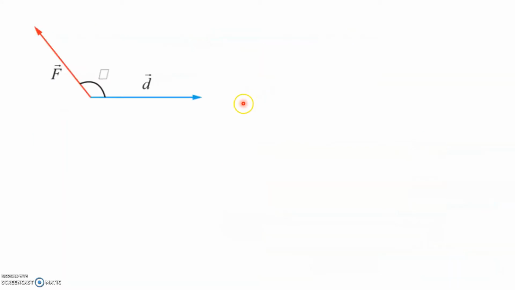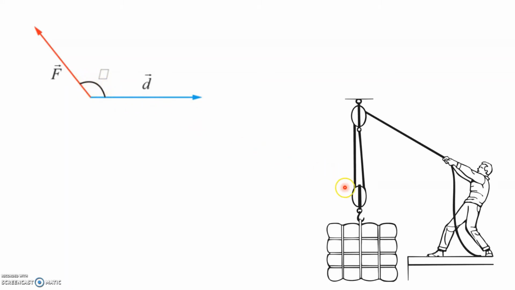Now let's look at the third case. In this case, the force is in this direction and the displacement is in this direction, so it makes an obtuse angle. Let's look at this illustration where a man is pulling a bundle using a pulley.